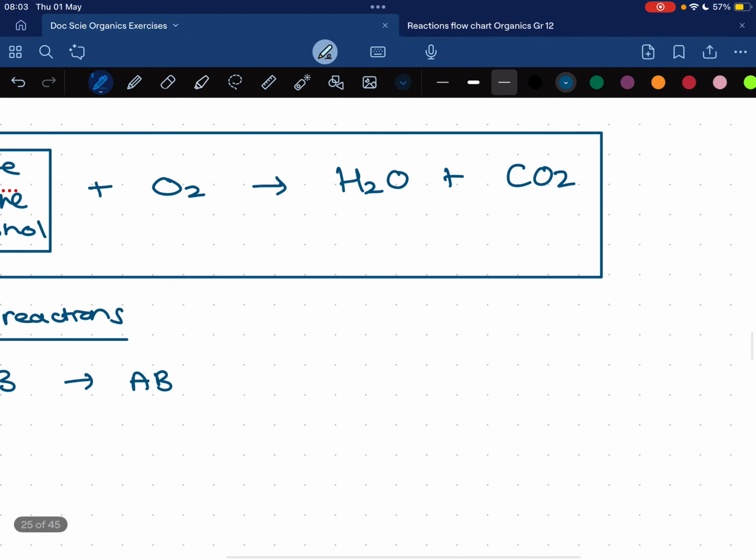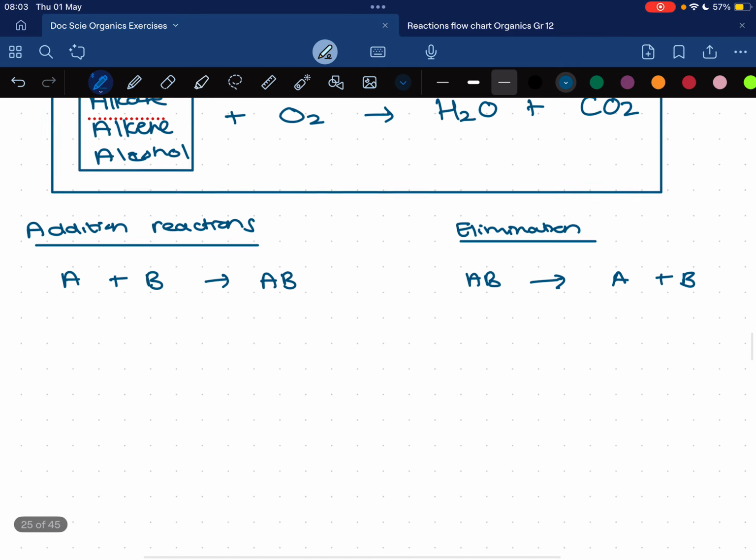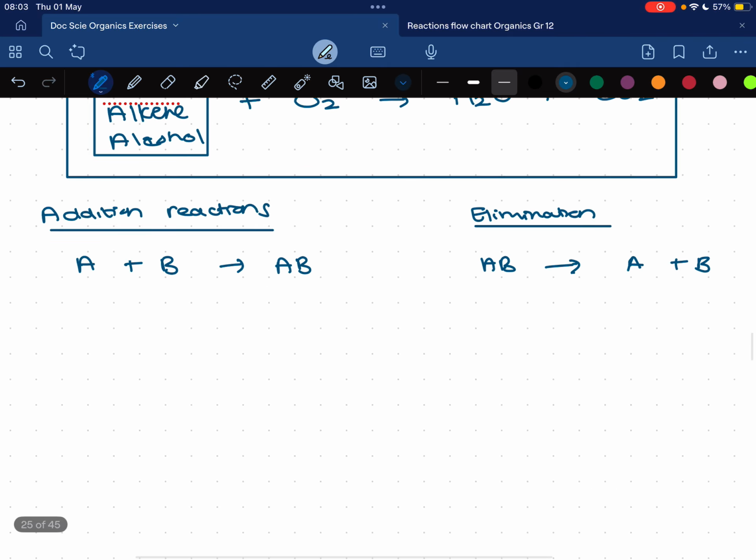Whereas an elimination reaction is where we would have that compound together and it would essentially react with something else and it would form that A plus that B. So it would kind of decompose into its different substances. And then we said that a substitution reaction is where we kind of replace something.